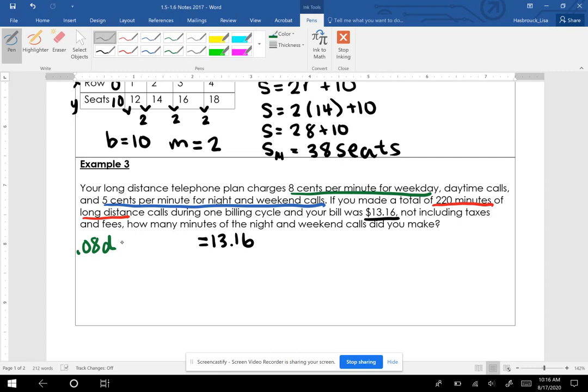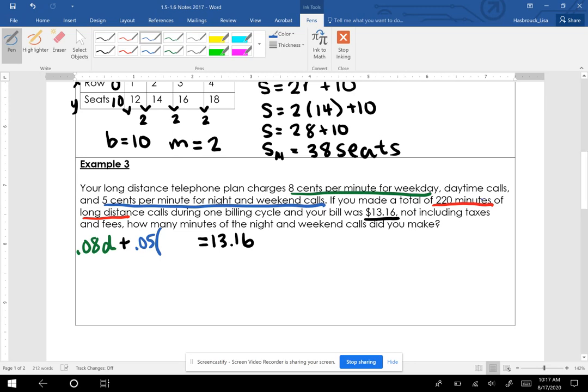Now, we are also adding how many long distance minutes we used for nighttime and weekends. So it says 5 cents per night. So we know we're going to be multiplying times 0.05. But then we have to think about what we're multiplying that by. Okay? Because it doesn't tell us how many nighttime minutes we used.